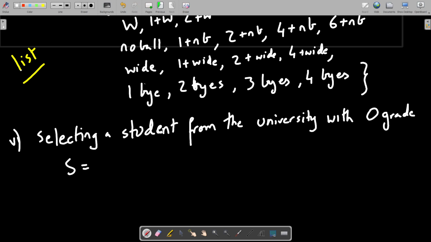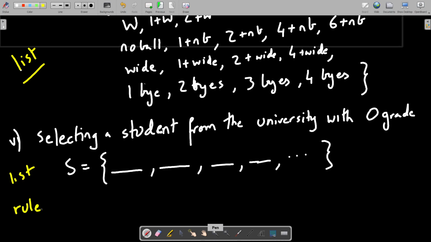So what will be the sample space? What you will do in the sample space here is write down the names of all the students who are eligible to be selected, whatever number of them are there. So this will be the list method, where you write down the names of all the students.